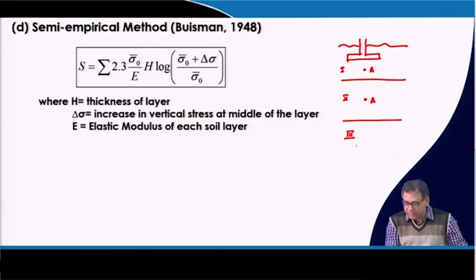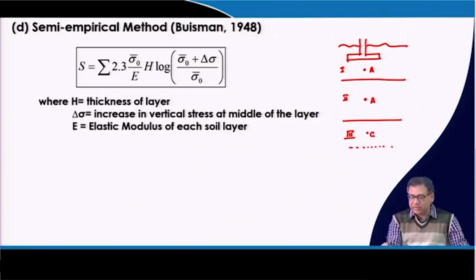So, suppose this is the influence zone, then there will be 3 different points, as there are 3 layers. And I have already discussed that you can divide one particular layer into a number of layers and take the points at the middle and then do the calculation.